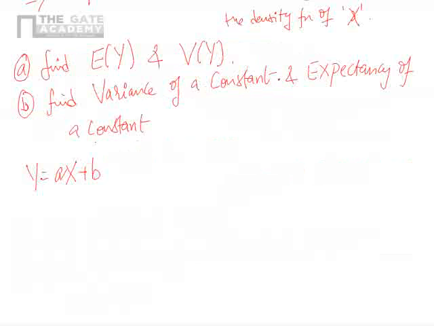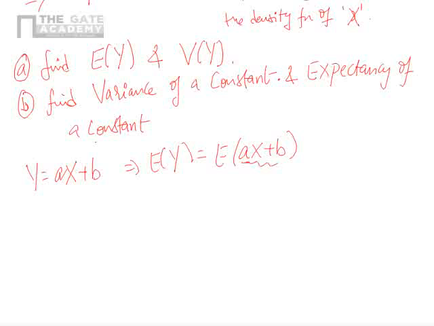So you want to find E of y. E of y is what? E of ax plus b. Now going by our analogy, E of ax plus b is nothing but minus infinity to infinity ax plus b into f of x dx. So if I split it up, what will I get?